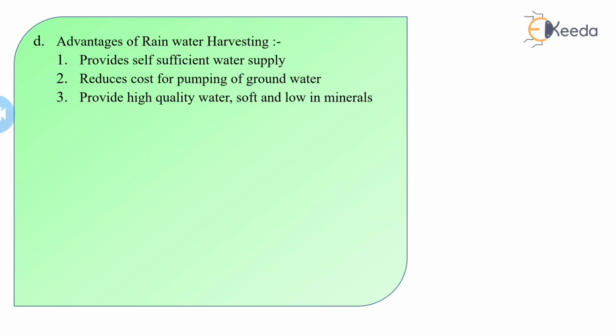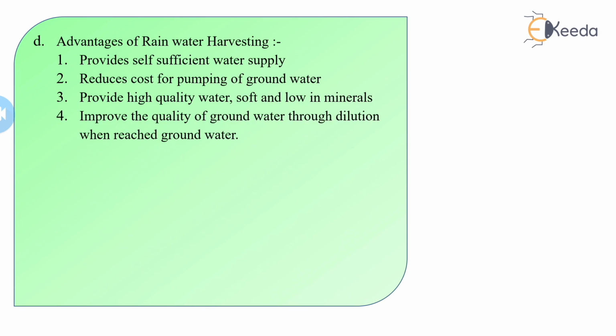It provides high quality water, soft and low in minerals, because, see, in the third point we are using filter media also. Once the collected water is allowed to pass into the tank or to be stored in the check tanks, it has to be filtered first.